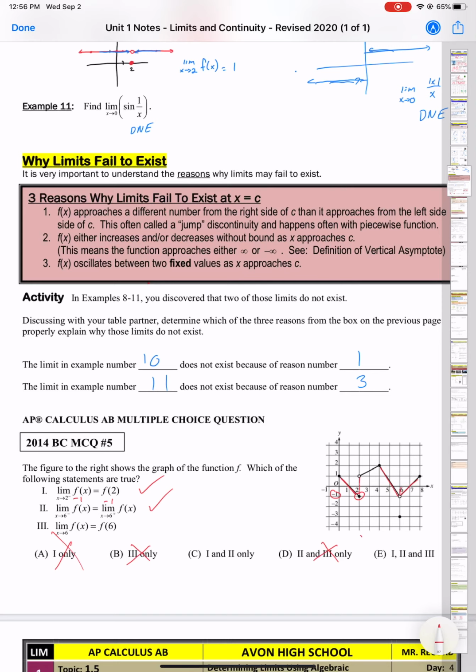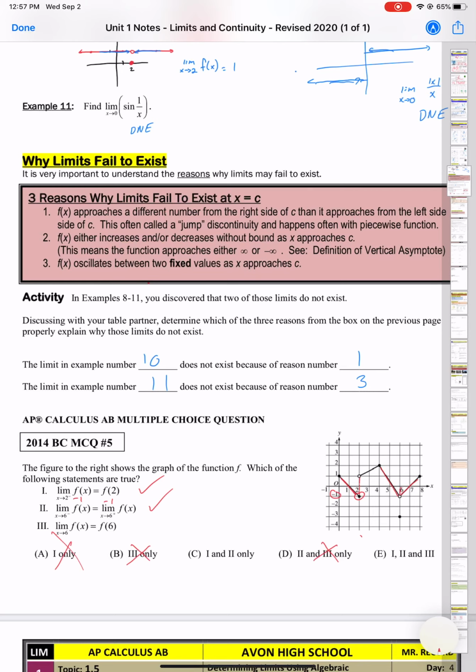So we need to look at statement 3. Statement 3 is saying the limit as x approaches 6 of f of x is equal to f of 6. Well, in statement 2, we said that the left and right-hand limits as x approached 6 were both -1. That means the limit as x approaches 6 of f of x is -1.